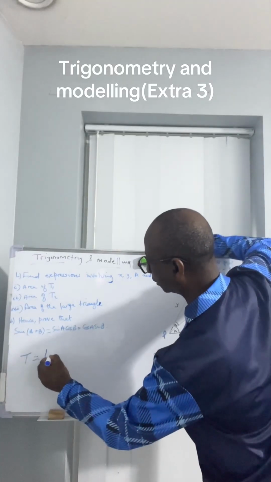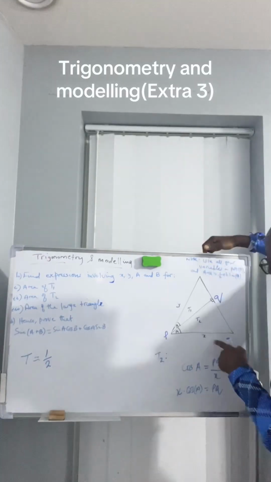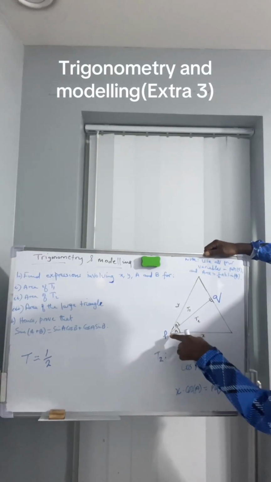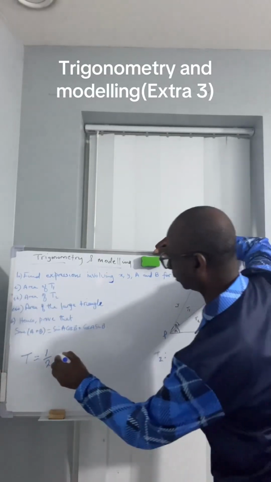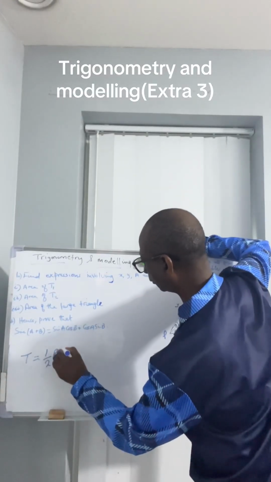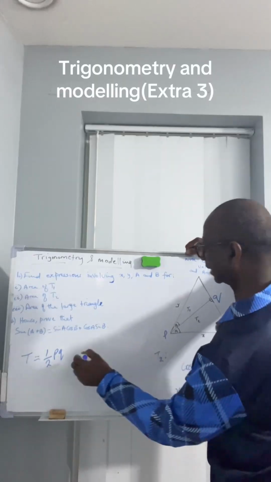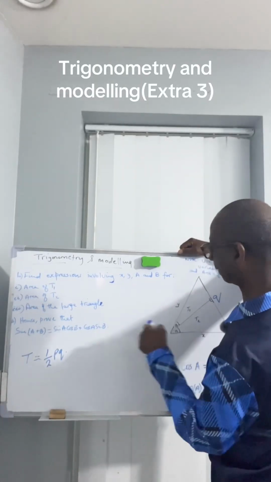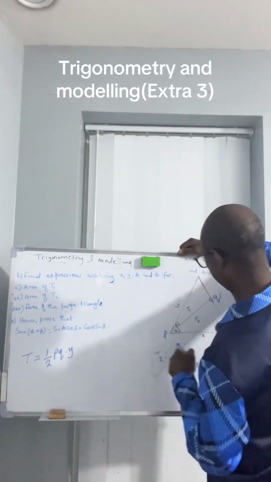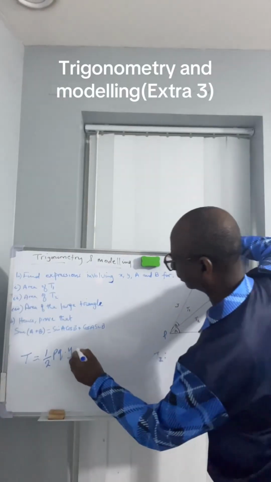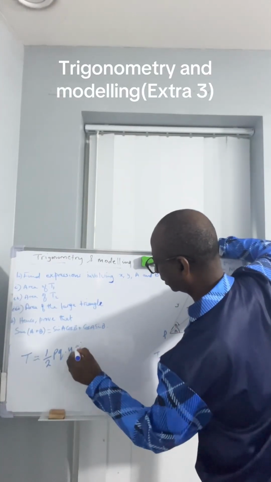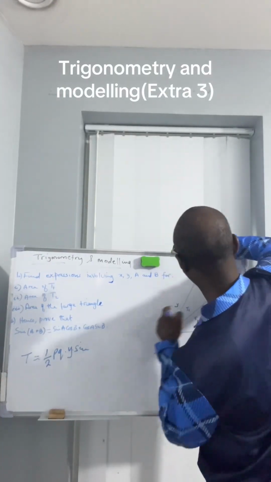So T1 is now 1/2 times A, which is this length, PQ, times Y, this is the other length, and sine of theta, and what is theta?